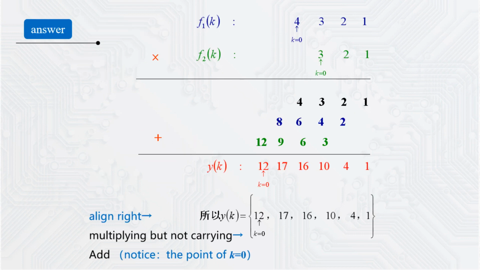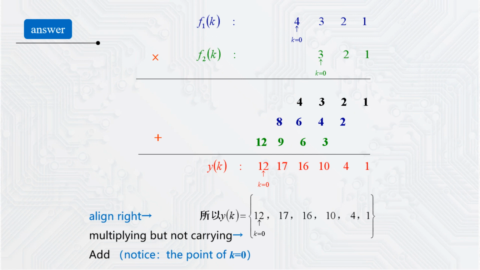Here are the two specific examples to illustrate the calculation process of multiplication and summation with alignment. So you see, we first align the sequence values f1 of k and f2 of k to the right, then multiply the sample values one by one, but without carry.